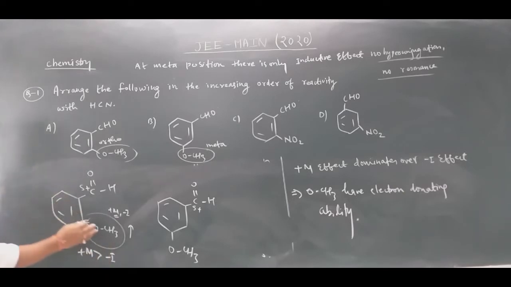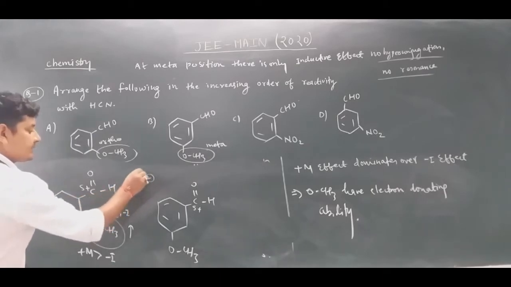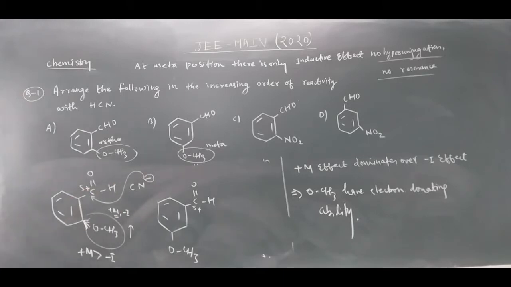So overall, when electron is given to the ring, the plus charge here is decreased, and when plus charge here is decreased, the tendency to react with CN minus decreases. So the rate of reaction decreases. So the presence of OCH3 gives electron to the benzene ring, thereby decreasing the partial positive charge on carbon, or decreasing the electrophilic character of the carbon present in this benzaldehyde, benzene attached to aldehyde group.